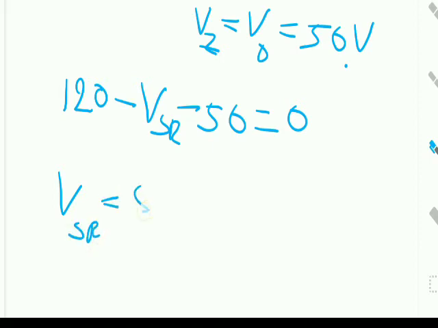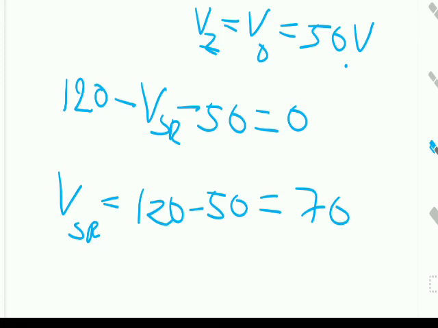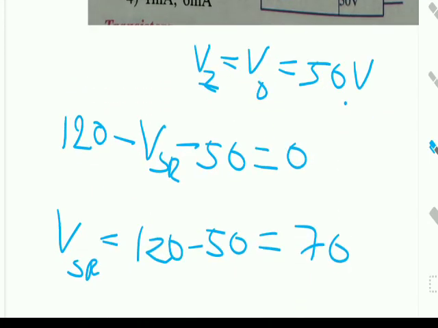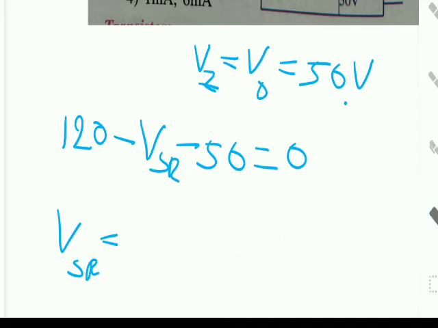Then V SR is equal to 120 minus 50, which is 70. Here the voltage is 70. The VSR value is 70.